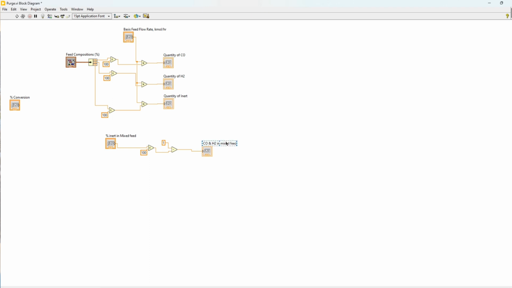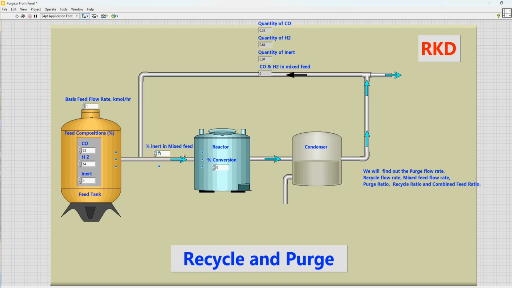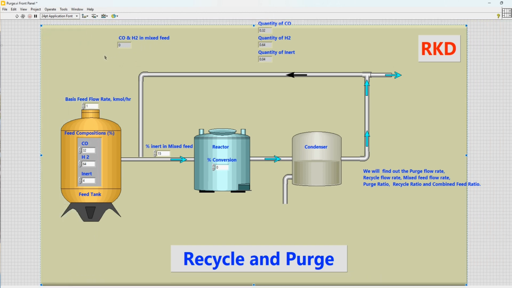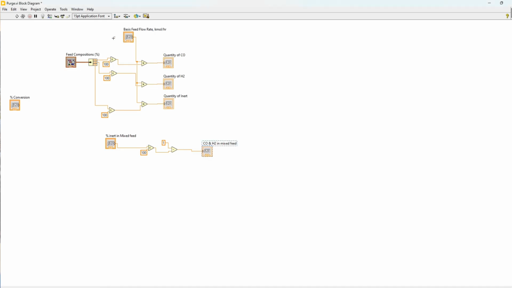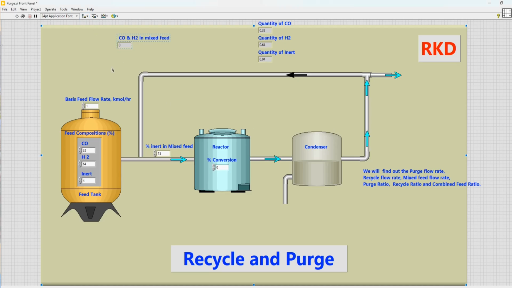This CO and H2 in the mixed feed will go inside the reactor.